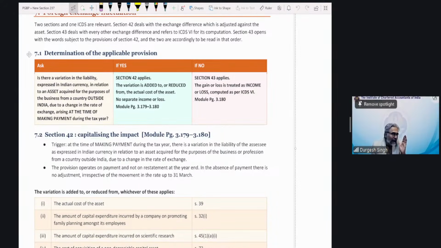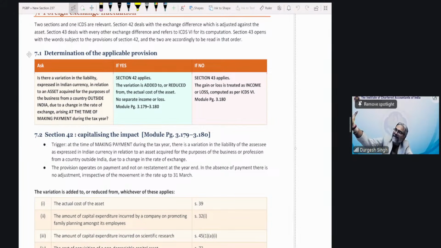So what has happened now? I have taken a foreign currency loan to purchase what? A foreign asset. So I paid the vendor foreign currency, I got the asset. But now what is the situation? There is an outstanding loan, and that loan is in foreign currency, isn't it?